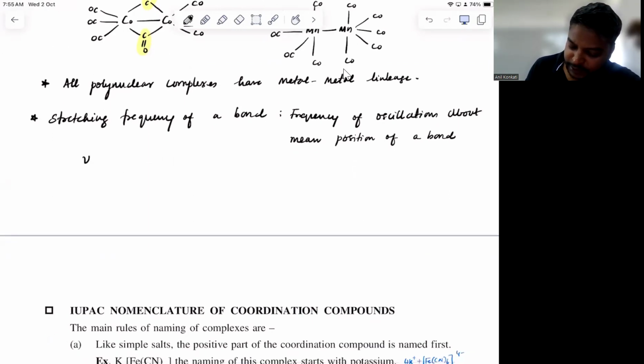Typically, stretching frequency is written in terms of mu wave number, which by formula is this. Not that you need to mug it up, you just need to know it.